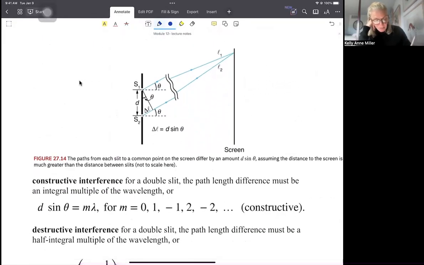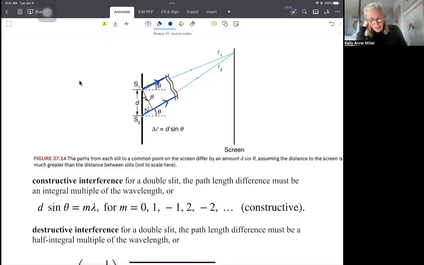S1 is slit one, S2 is slit two, and little d is the distance between the two slits. This is a ray that represents the path of the wavelet coming from slit one, and this is coming from slit two.